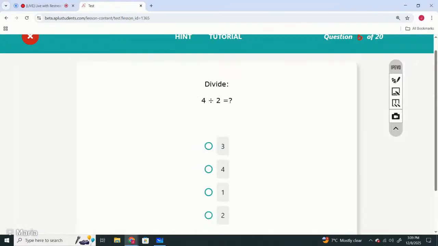Got it? Okay, 4 divided by 2, which is the correct option? So you have to divide by 2, count the table of 2 until 4. Which is the correct option?